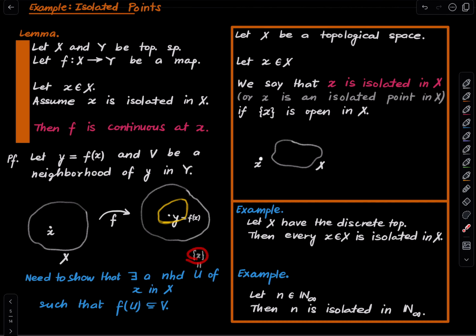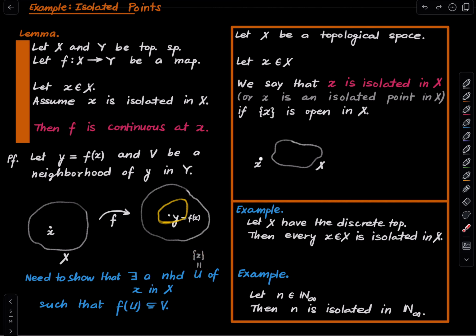So this is a neighborhood of the point x, and clearly the image of this whole thing is going inside the set V, because f of x is a point in the neighborhood V. So it's a trivial lemma, but it's important to enunciate it, at least the first time we are learning all these things. Okay, so that's it. That's the proof. Just this choice works.